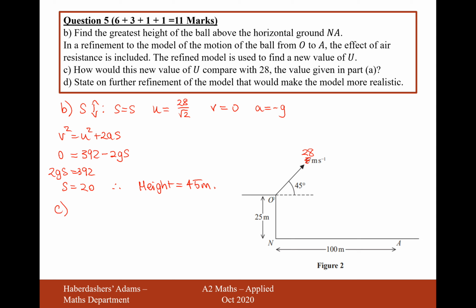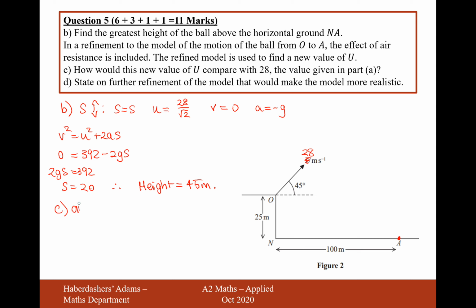Okay, so if we include air resistance and it still needs to reach this point here, then u is going to need to be bigger, because the effect of air resistance will slow the particle down horizontally, so u will need to be bigger.